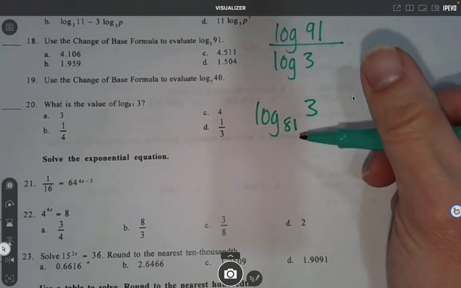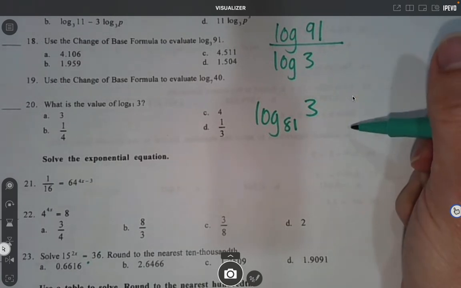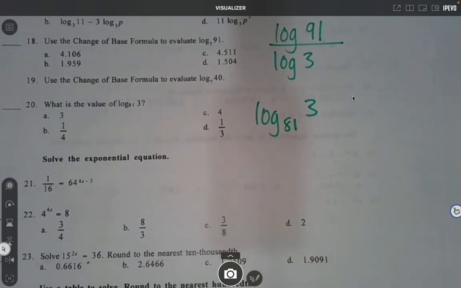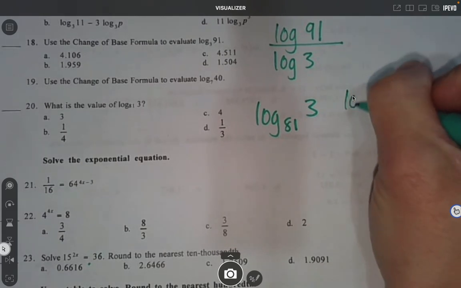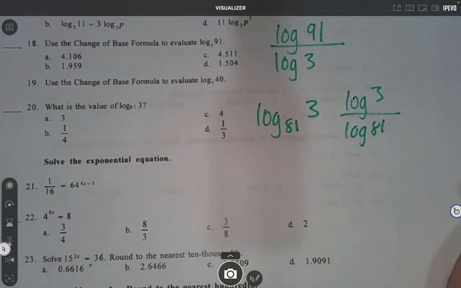You could also try 81 to what exponent is 3. You could go back the old way. There's 2 different ways. 20 is on there. 20 is B. The easiest way is probably just to say log of 3 divided by log of 81 like we just did.